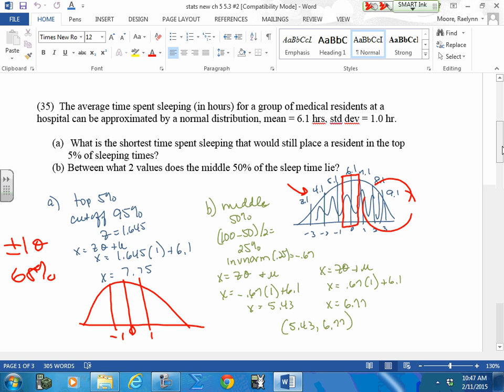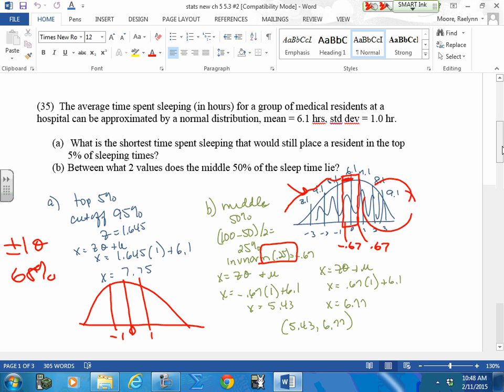So you kind of have to work one out and work the other one out. However, because it's symmetric about the mean, if this is 25% here, this is 25% also, 50 minus 25. If you do an inverse norm on 25, this guy is symmetric to that z-score.